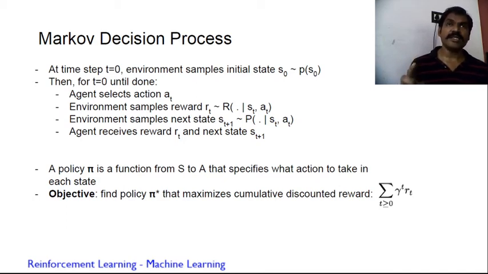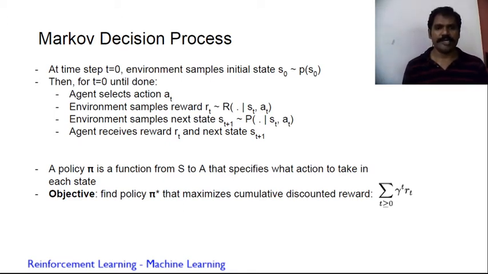Based on the action, again it will move on to S2 and get a reward. Each and every time I will be getting rewards R1, R2, R3 and so on. So the cumulative discounted reward should be maximum.